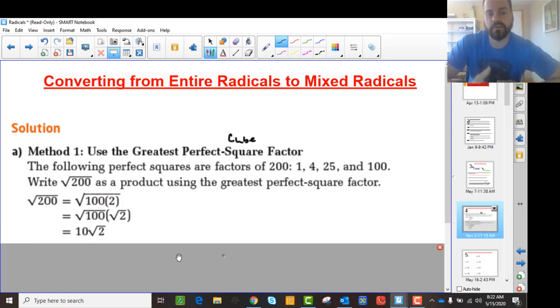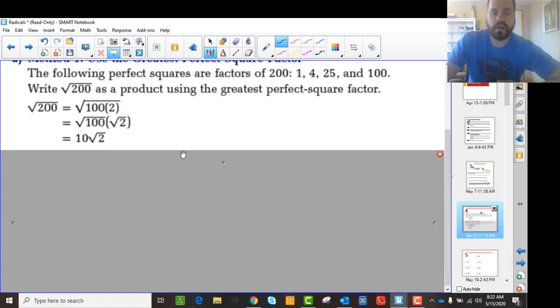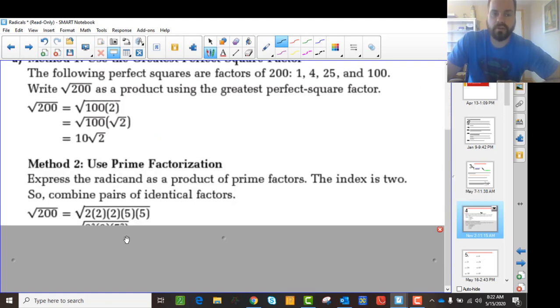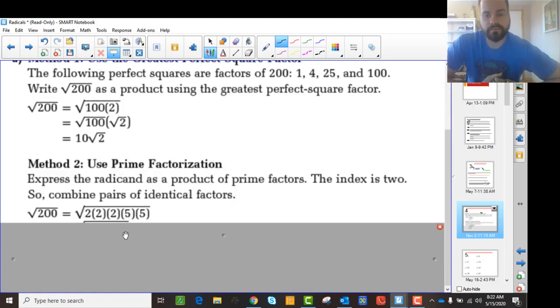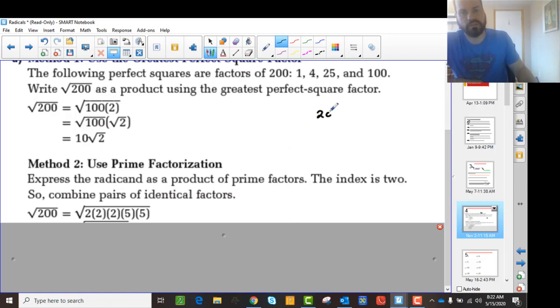So that's using the greatest perfect square factor method. That method is fairly efficient, but you have to know your perfect square factors and you have to know which one's the greatest perfect square factor. Okay? If you look at the other method, the other way of doing it, you can use what is called prime factorization. And you may not recognize this right away, I don't know, but what prime factorization does is it takes 200 and puts it into its prime factors. So 2 is a prime number, so we're taking 2 out each time until we can't anymore.